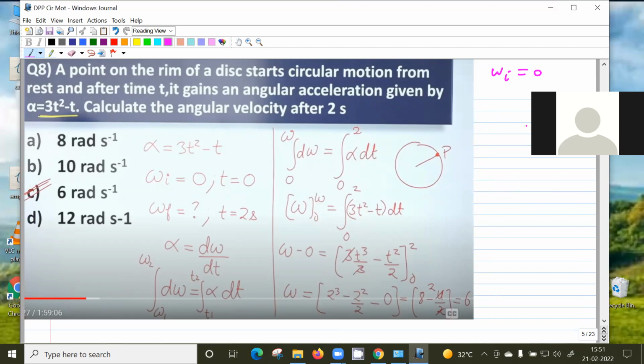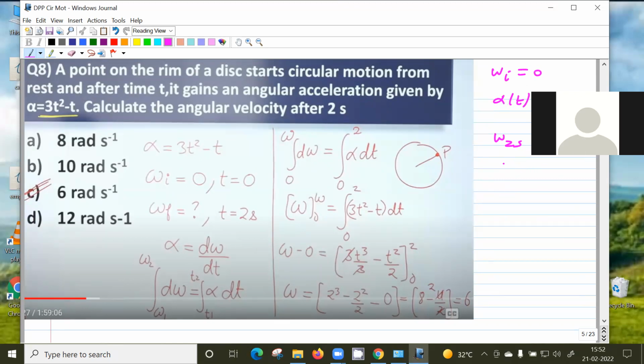Alpha is given as a function of time. You will find omega at 2 seconds. After 2 seconds means 0 to 1, 1 to 2. So at 2, it's the same as 2 plus delta.